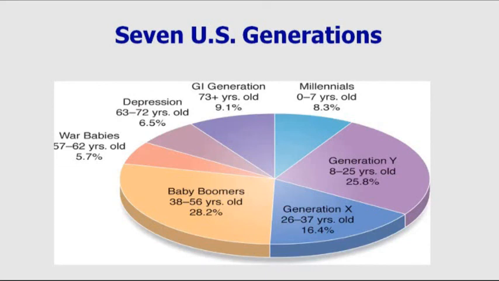Millennials, 0 to 7 years old rather, and that is 8.3%. Generation Y, 8 to 25 years old, 25.8% of their total population. Generation X, aging 26 to 37 years old, has 16.4%. And lastly, class, no, the baby boomers, 36 to 58 years old, no, that has 28.2% of the total population.